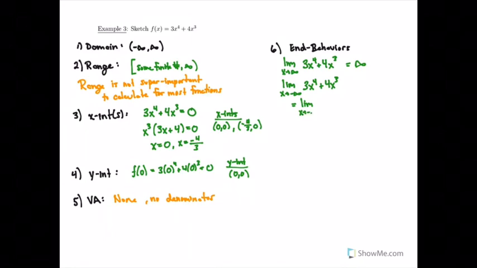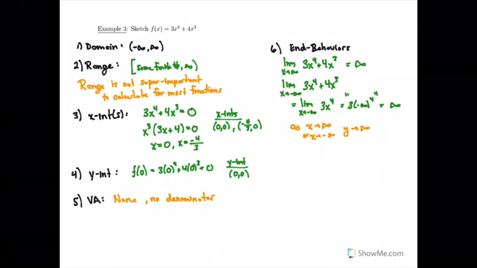This is going to be equal to the limit of the 3x to the fourth. And that's going to give us 3 times negative infinity to the fourth, in quotes. This will give us, again, positive infinity. So we could say, as x goes to infinity, or x goes to negative infinity, y goes to infinity.